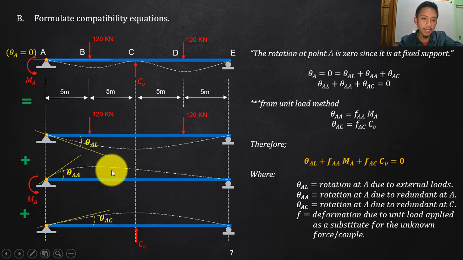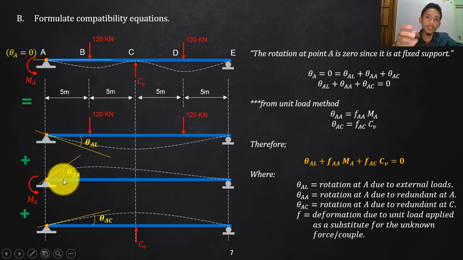That will now be my elastic curve, wherein the rotation will now be positive, because if I draw a tangent at point A, that angle going to the original beam is clockwise. So if that is negative and this is positive, now we are trying to cancel out the effect of the external loadings. That's a negative, and we ended up with a rotation due to the redundant M sub A to be positive. It will try to cancel this one.